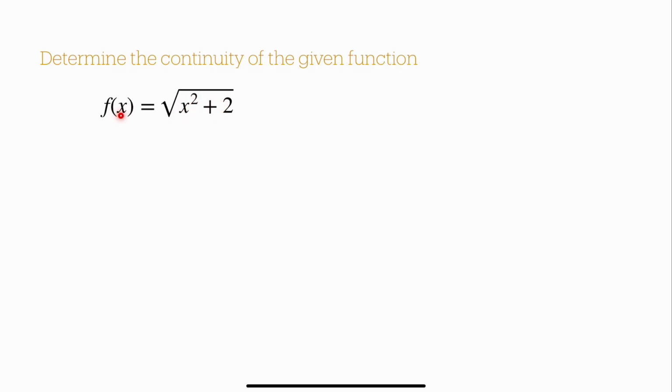So this function is always continuous. So f of x, therefore, is continuous at negative infinity to positive infinity.